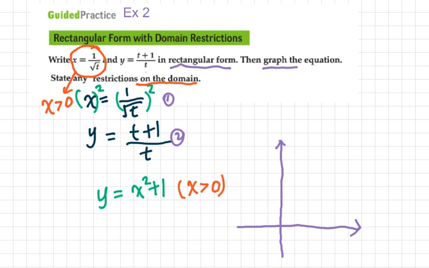Now let's sketch the graph. We use this table. X, here's y. 0, this is 1. 1, here's 2. 2, here's 5. So we plot these 3 points. We got 0, 1, 1, 2, 2, 5.